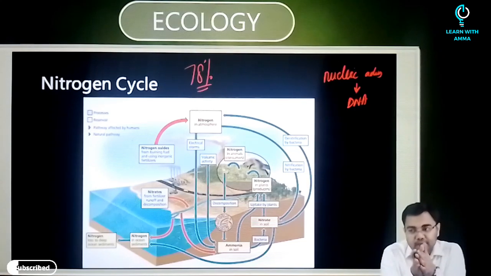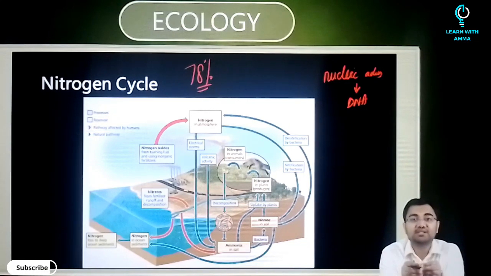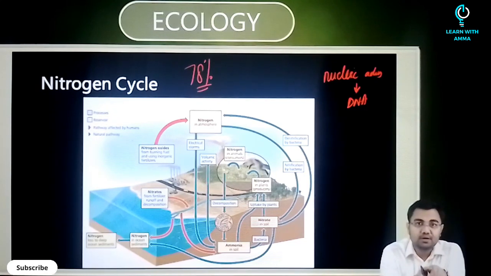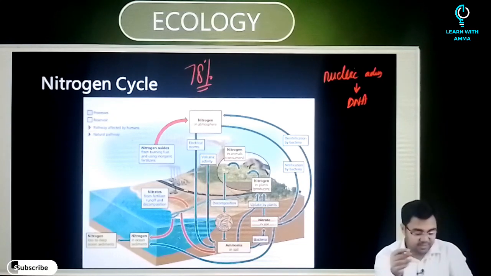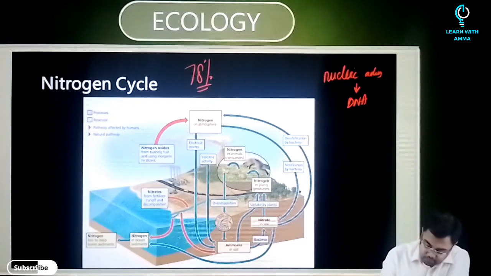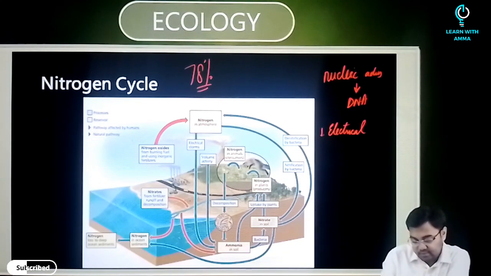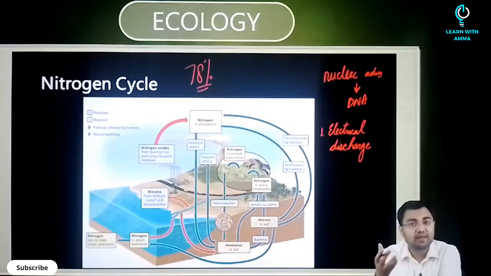So there are two natural processes that convert or fix nitrogen into compounds that can be used as nutrients by plants and animals. First is the electrical discharge that happens through lightning.